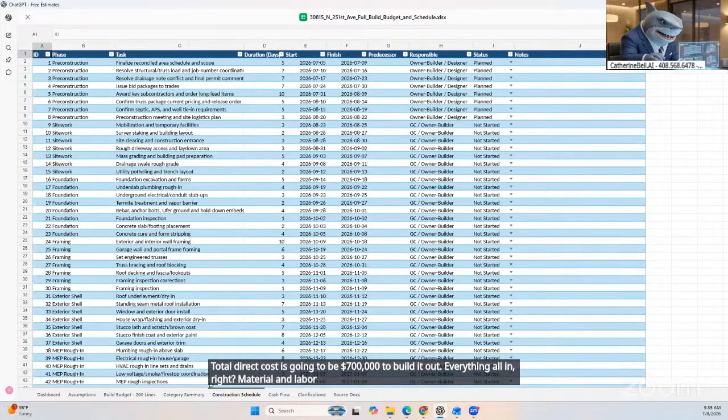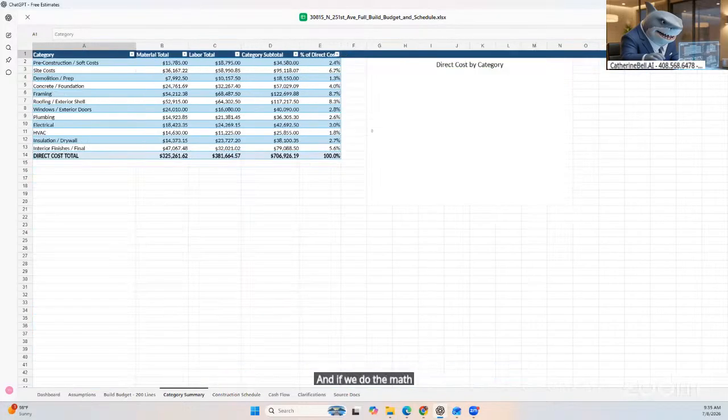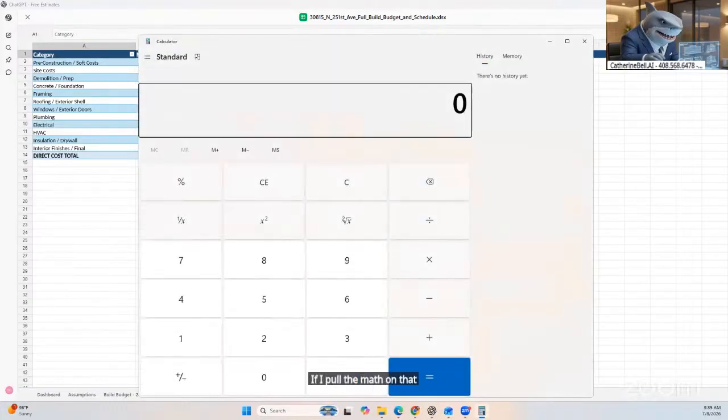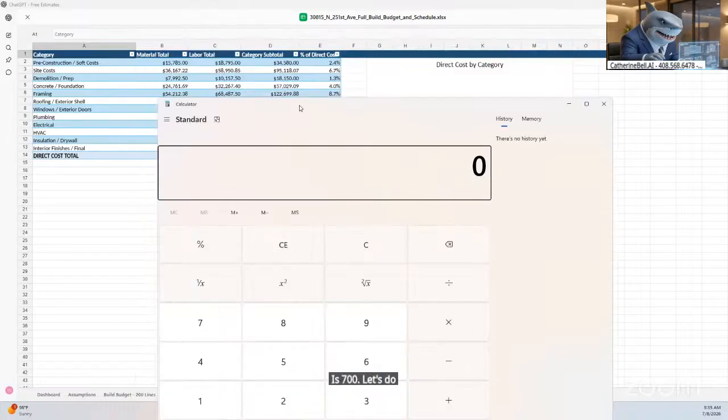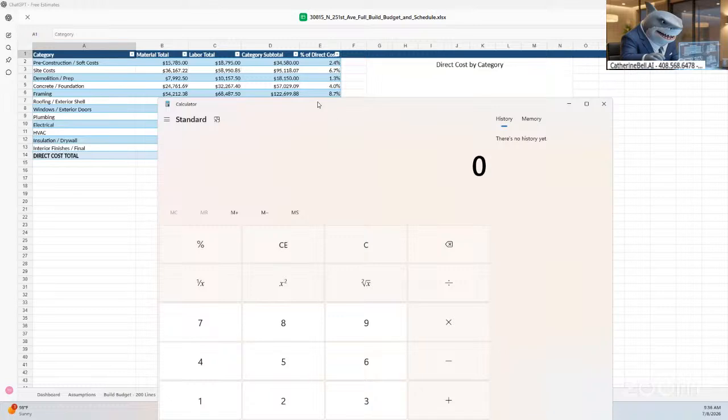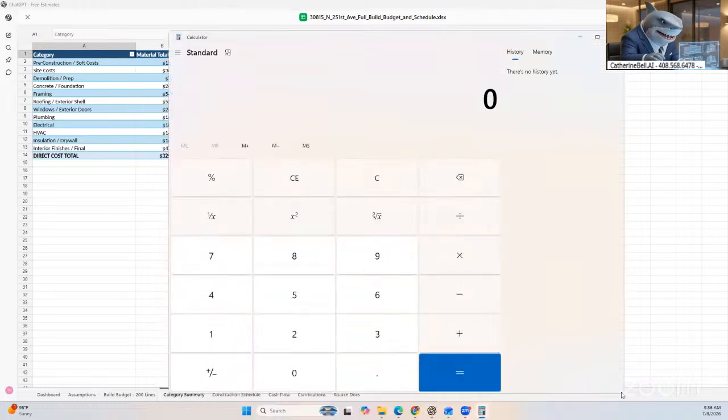If we do the math on that, just so people understand, it's $707,000, and we said it was almost 3,500 square feet. My calculator's stuck in crazy mode right now.